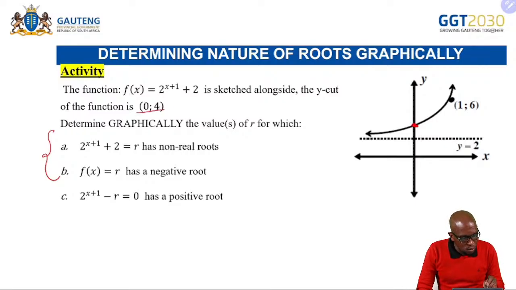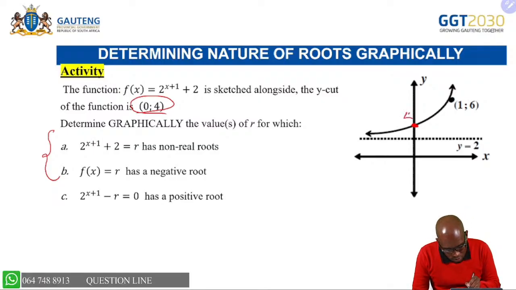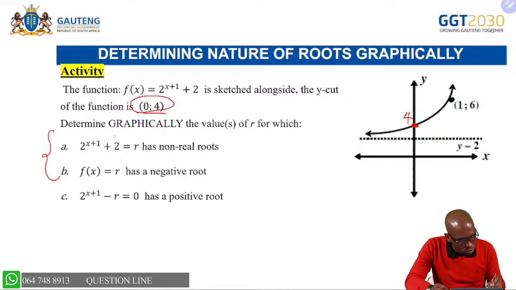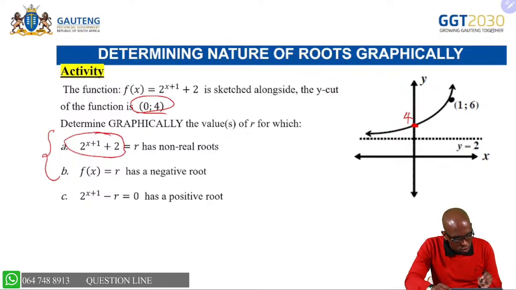Now, we are given the y-intercept of this function is (0;4), which means that we have the value 4 there. And then if you check the first one, we are given 2 to the x plus 1 plus 2 equals r. Now, 2 to the x plus 1 plus 2 is our f of x. So it means that here we have f of x equals r.